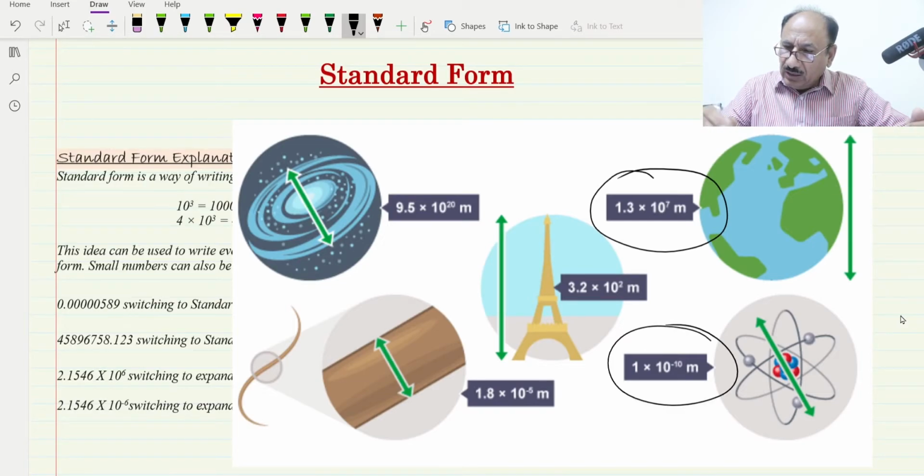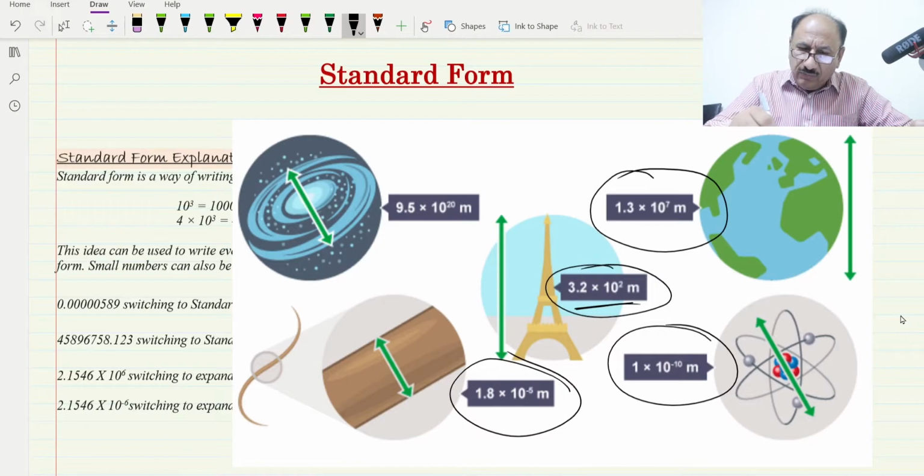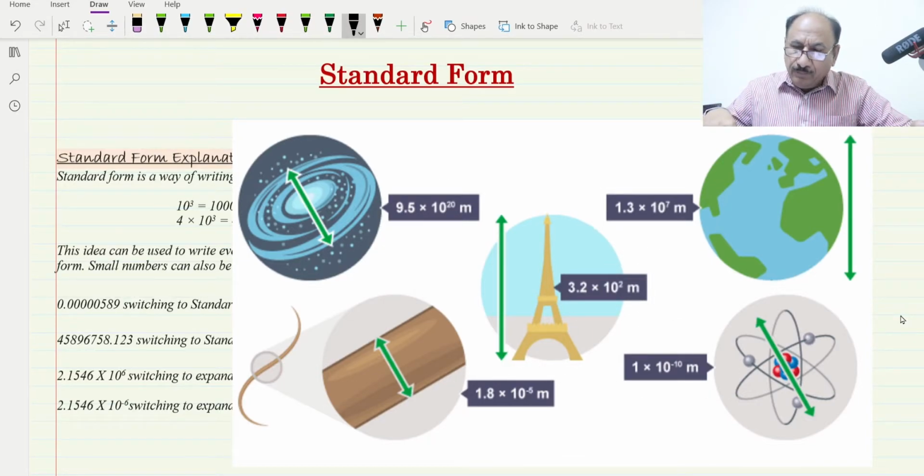Similarly, this is the diameter of an atom, and the height of the tower is taken as 3.2 into 10 power 2 meters. So in this format we are writing these numbers, and this is basically an easier way to write them.